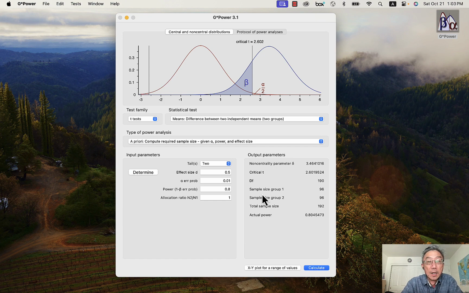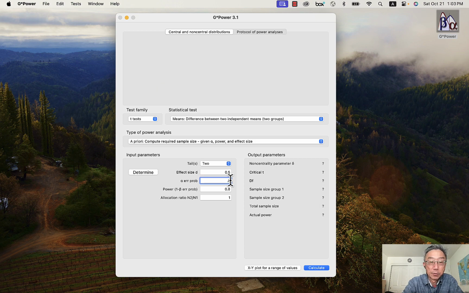Okay, so let's say we go back to alpha equals 0.05. Now, what if the effect size is small? Instead of Cohen's d equals 0.5, how about Cohen's d equals 0.20? That's a small effect. Everything else stays the same, still alpha equals 0.05, power equals 0.80.